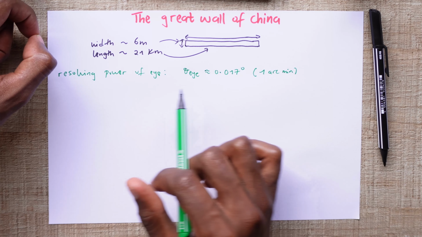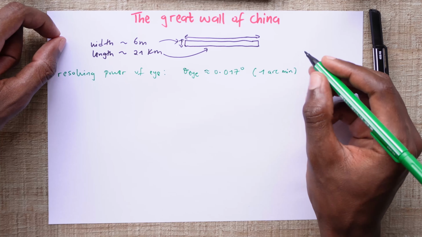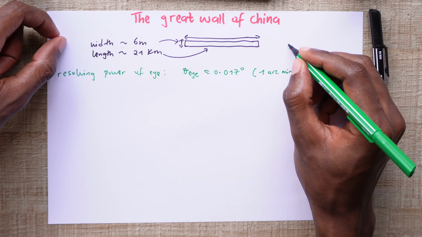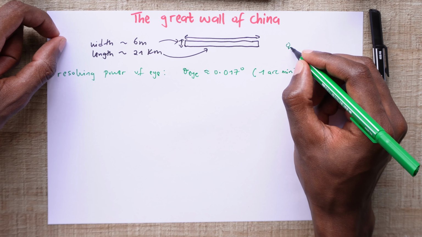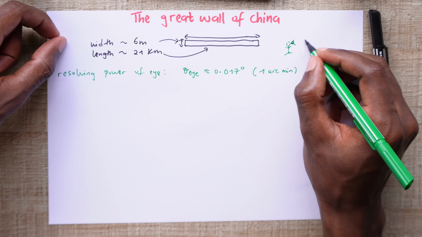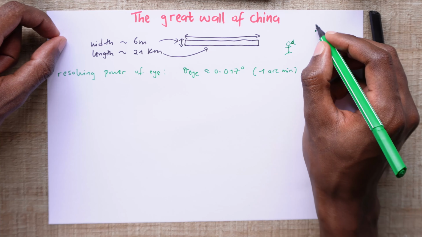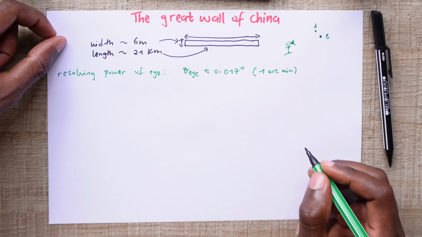So this is the resolving power of the eye, which means it's the minimum distance, okay? So suppose you're standing here and you're using your eyes to observe. Then imagine you have 2 points, okay, A and B in space.